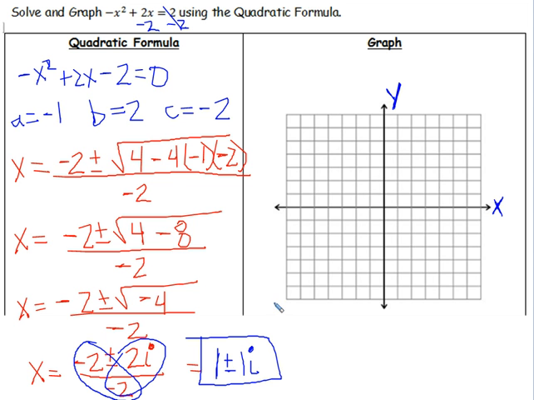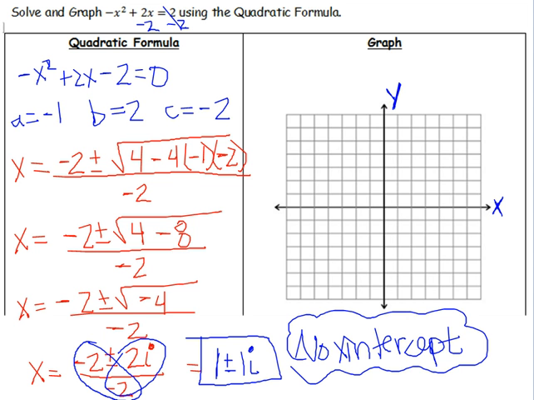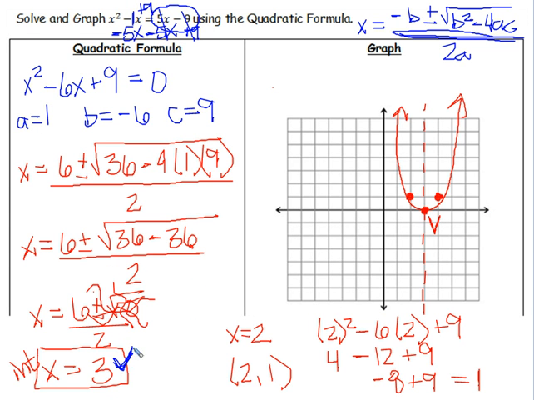So if we cannot plot this, and this is our answer, this is supposed to be our x-intercept, we actually don't have an x-intercept because we can't plot it on a real axis. So let's write no x-intercept. If we go back over here, we had one x-intercept.